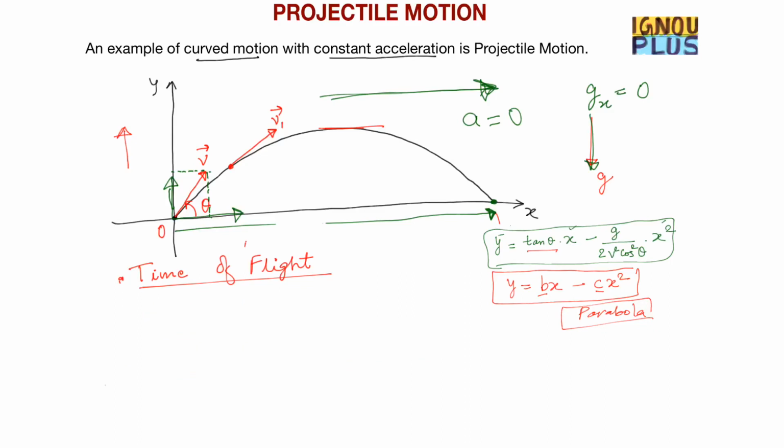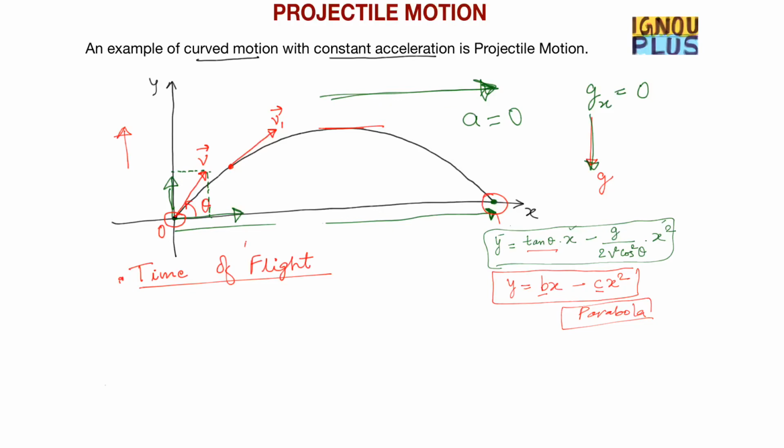So to know the time of flight, how long the projectile was above the surface or in the air, we need to understand that there are 2 points, here and another point when it drops.